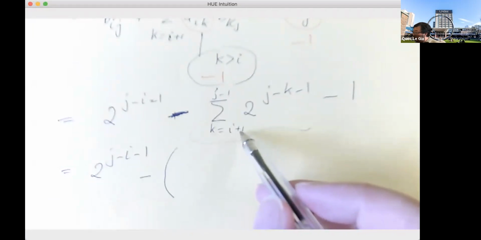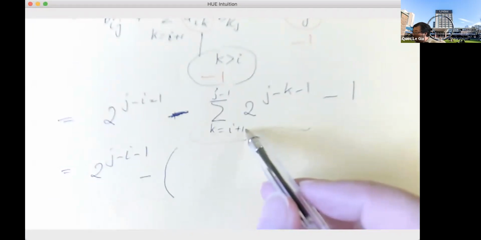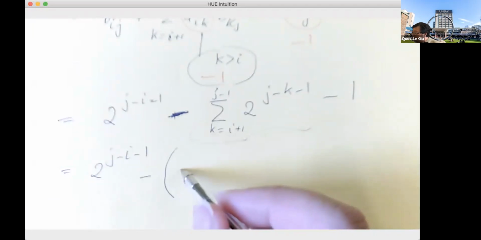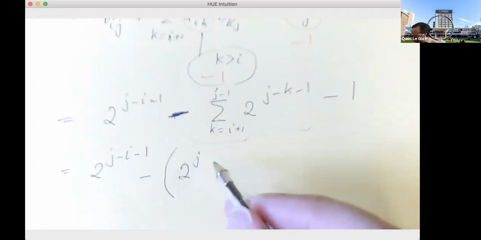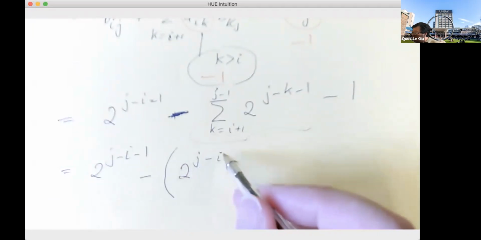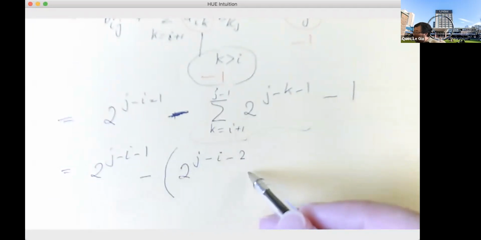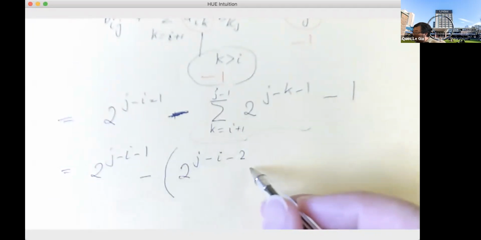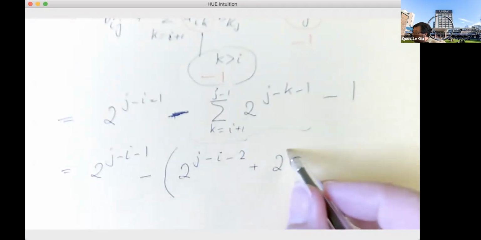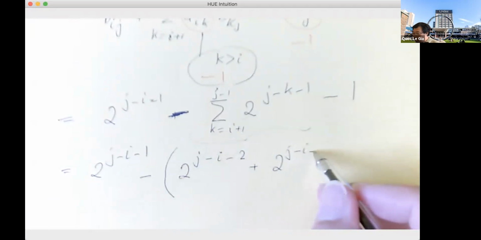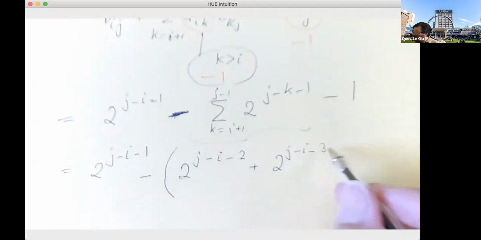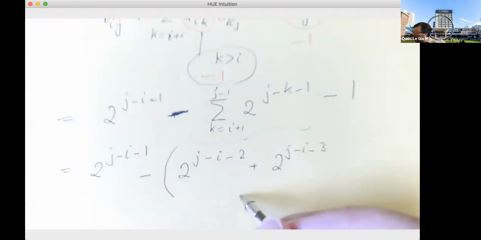So if I put in K equals I plus 1, then I have 2 to the J minus I minus 2, right? Yeah. And then I put in K equals I plus 2. Then I have 2 to the J minus I minus 3. And so on. Yeah. So what is the last term?